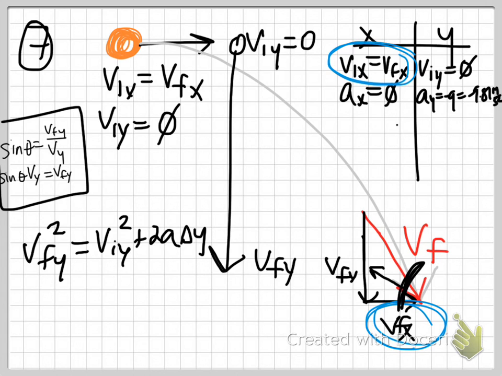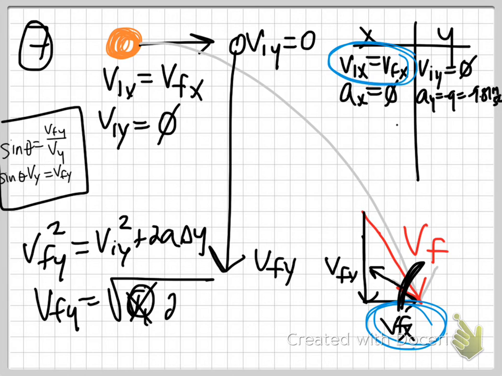But if we're only analyzing the motion on this axis, we're just going to get the magnitude of VFY, and then we don't actually have to do the sine theta VF equals VFY. Okay, so I led you down a merry little chase through the garden. But that's okay. It's good practice. All right, so then the magnitude of VFY is equal to the square root of, well, 0 plus 2a delta y. Okay, so that would give us VFY.